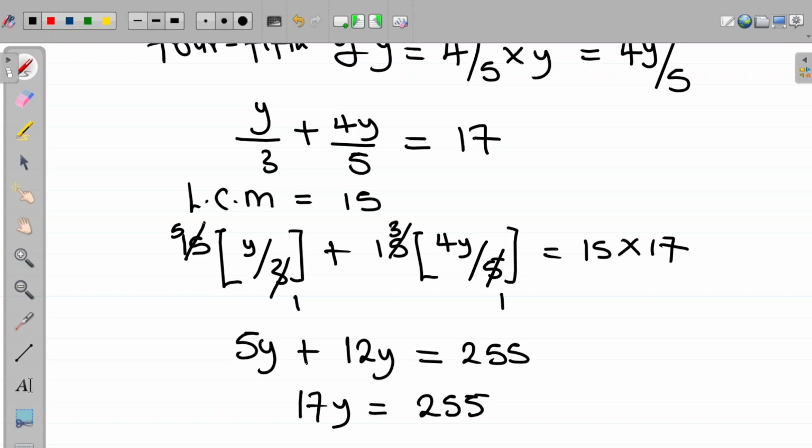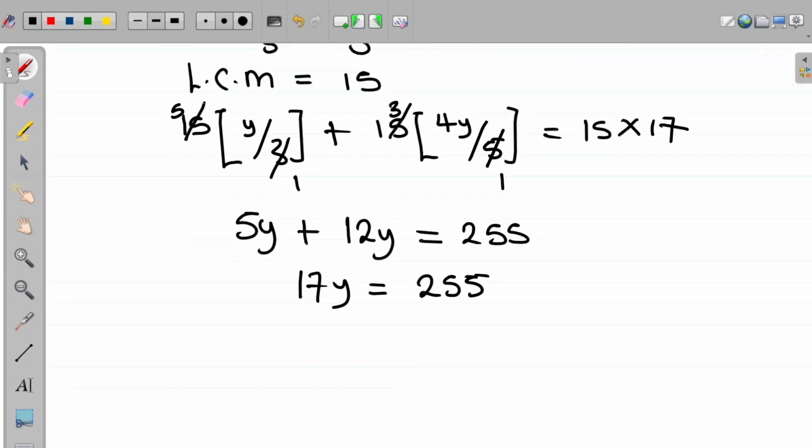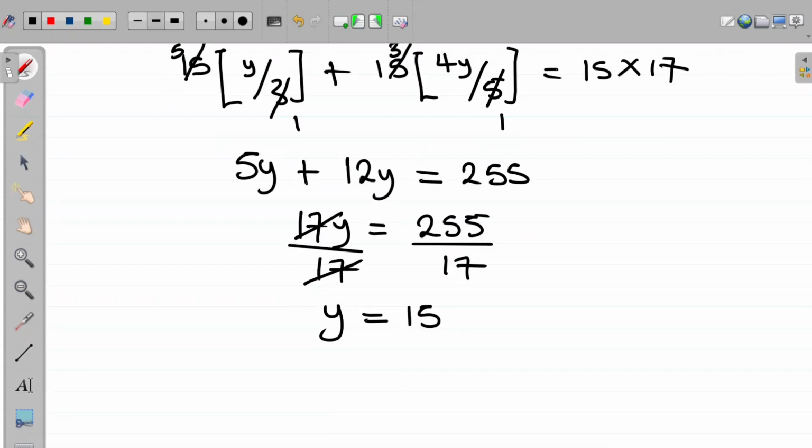Now to obtain the value of y, we have to divide the equation by 17, which is the coefficient of y. So at this point, 17 can cancel out 17. So y is equal to 255 divided by 17 is equal to 15. So therefore, the number is 15.